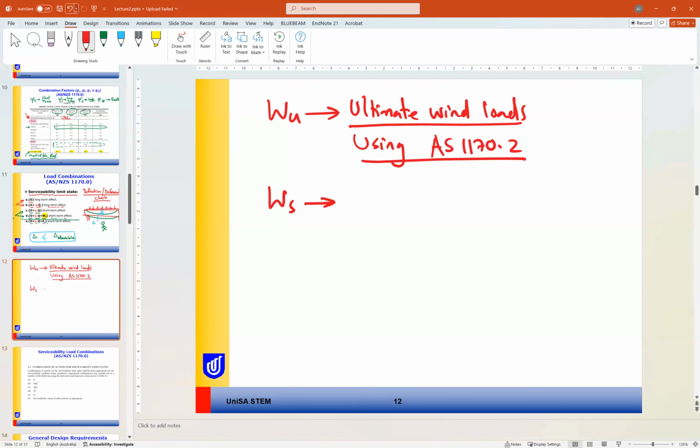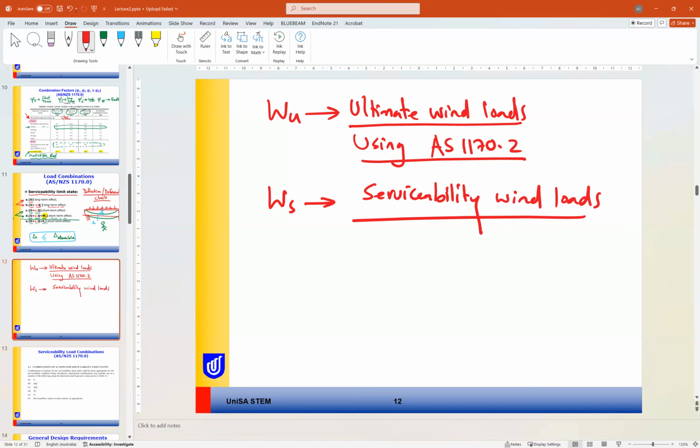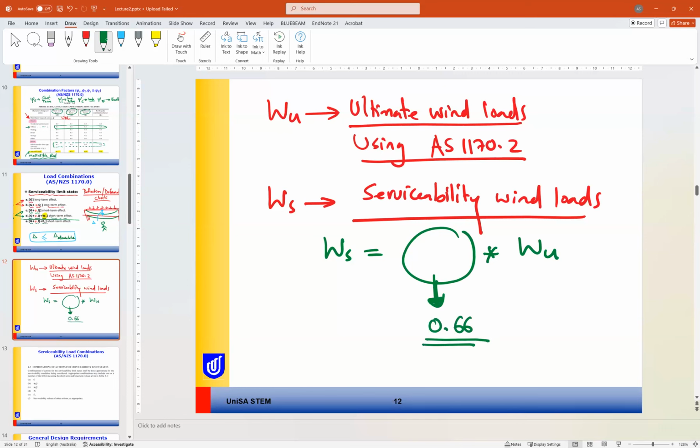WS is the serviceability wind load, which will be determined manually from WU. So WS equals a reduction factor times WU. This reduction factor, we can take as 0.66.